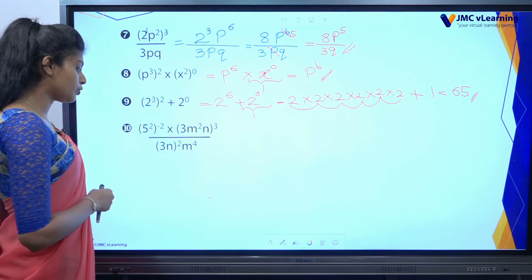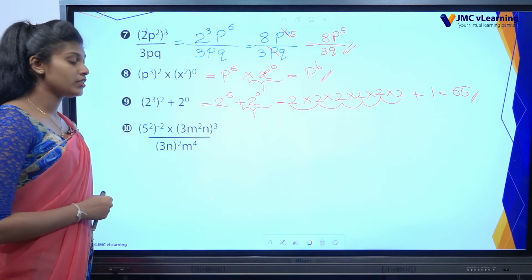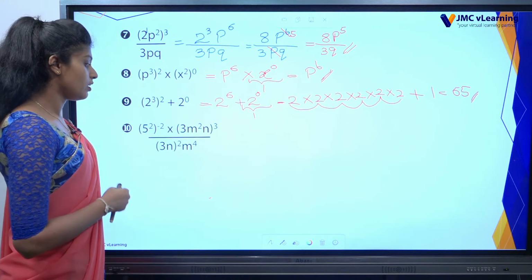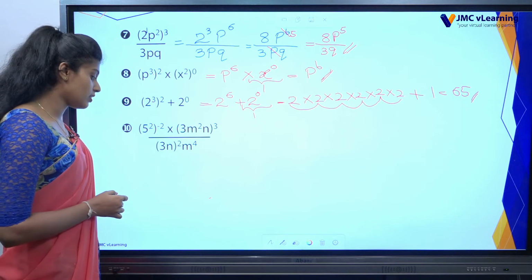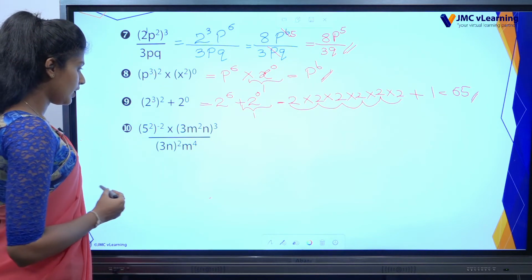5 to the power 2 to the power minus 2 into 3m to the power 2 n to the power 3 over 3n to the power 2 m to the power 4. Let's simplify this.